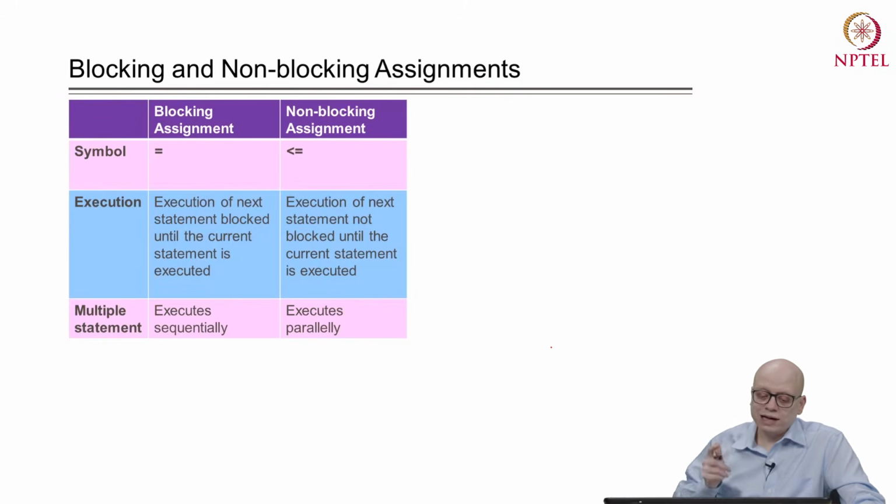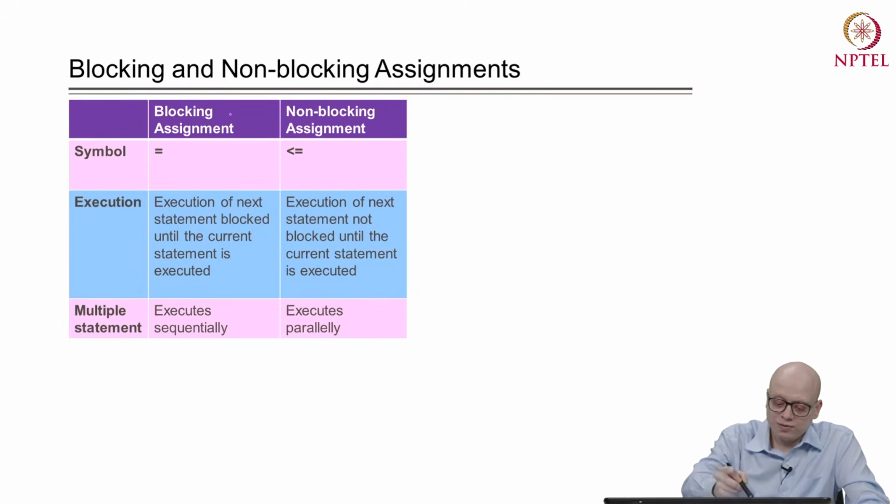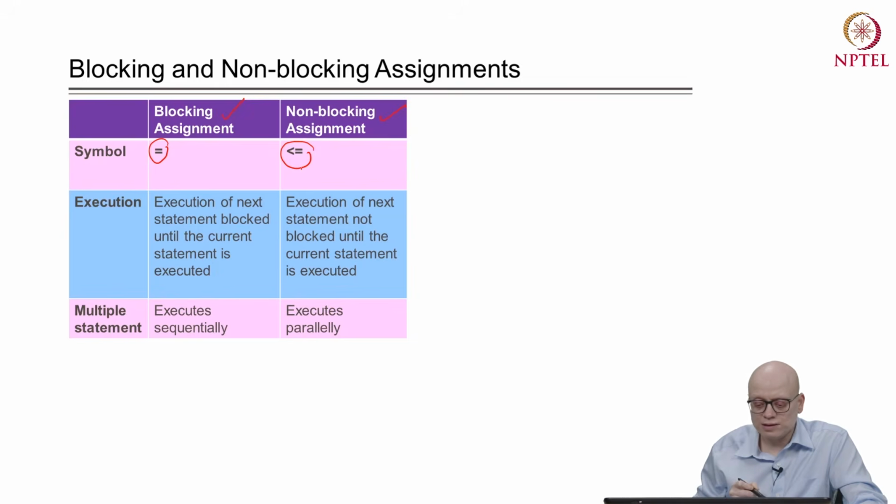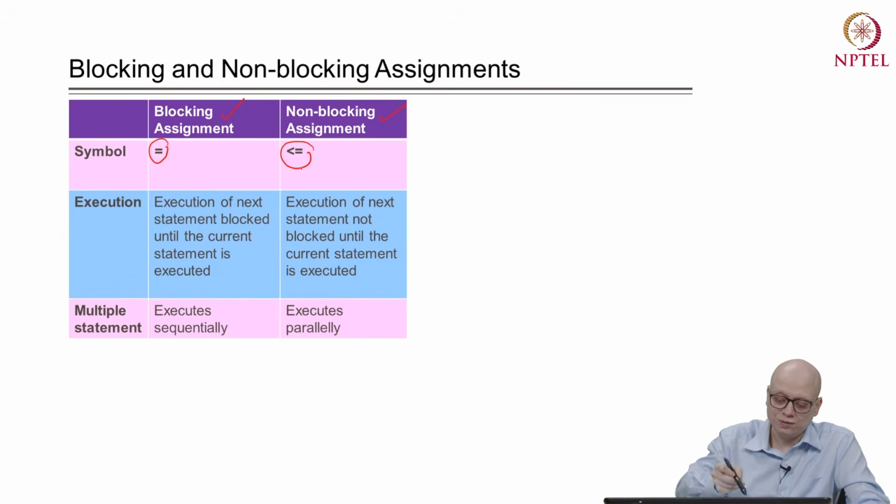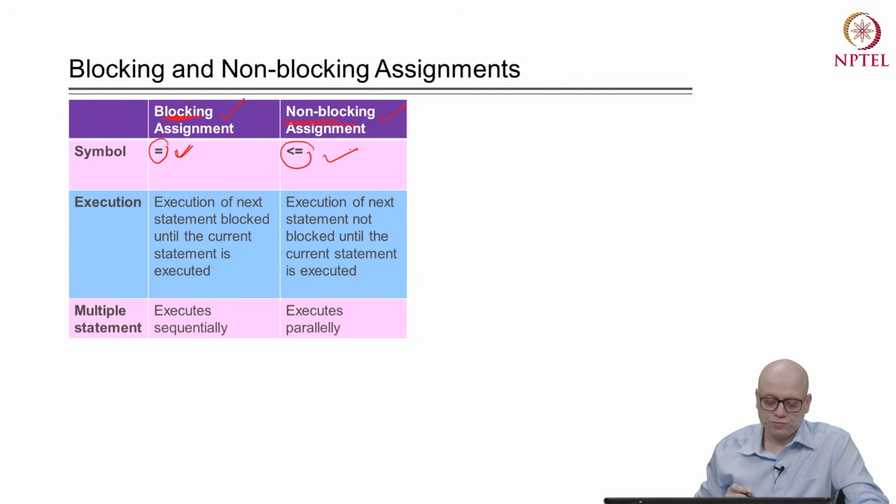So, there are two types of procedural assignment: first one is blocking, another is non-blocking. The symbol for blocking is = and for non-blocking it is <=. An easy way to remember: blocking is a smaller word and it has a smaller symbol, and non-blocking is a bigger word and it has a bigger symbol also.